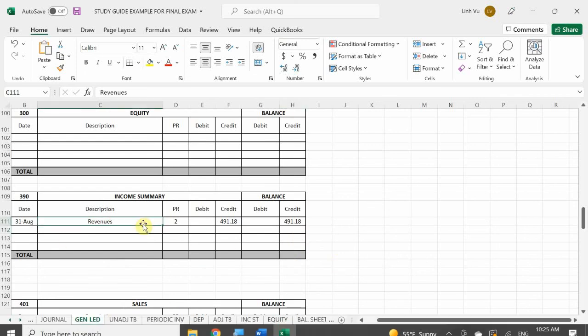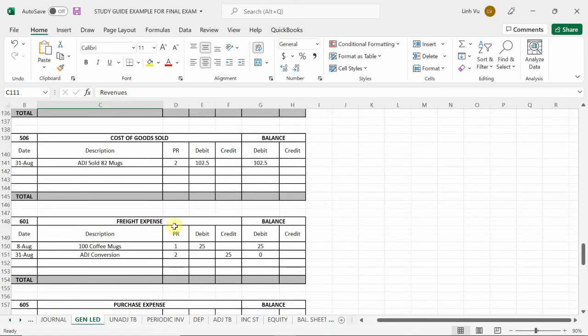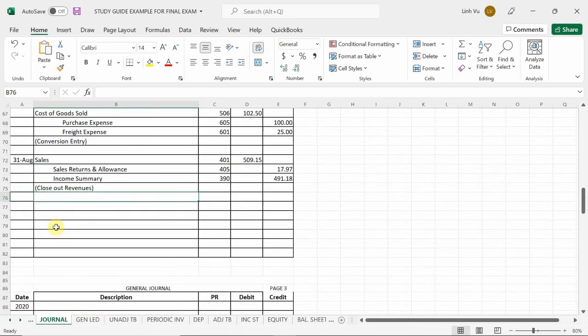So then now that we closed out all of our revenues, we now need to close out all of our expenses. So since they have a normal debit balance, we must credit all of our expenses and debit it to our income summary. Okay. So let me see. We got cost of goods sold, rent, depreciation, and I think we can squeeze it in. Okay. So again, 831.